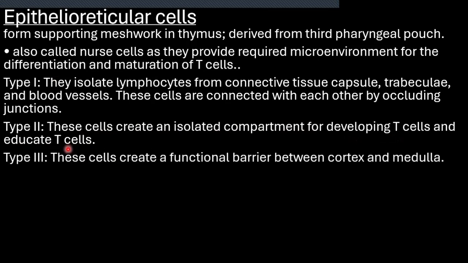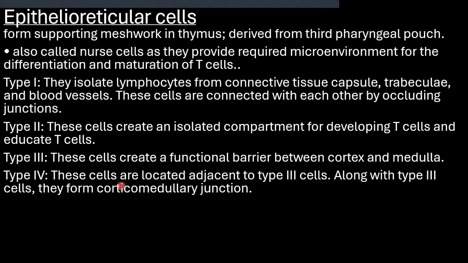Then type 3, they form the functional barrier between the cortex and the medulla. So they are the cells which form the corticomedullary junction. It's a functional barrier rather than an anatomical barrier.